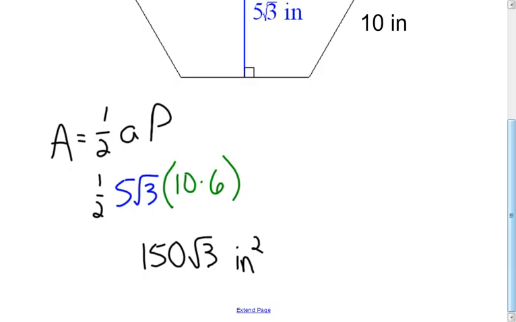If you want an approximation, it's just a matter of typing it on your calculator. You take 150 times √3, and you end up with 259.81 square inches. And you have the area of your regular hexagon.